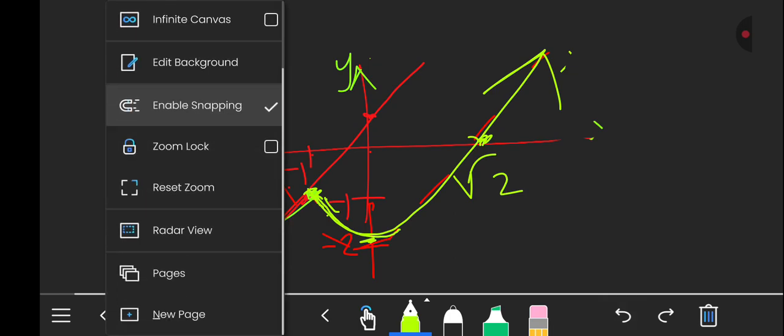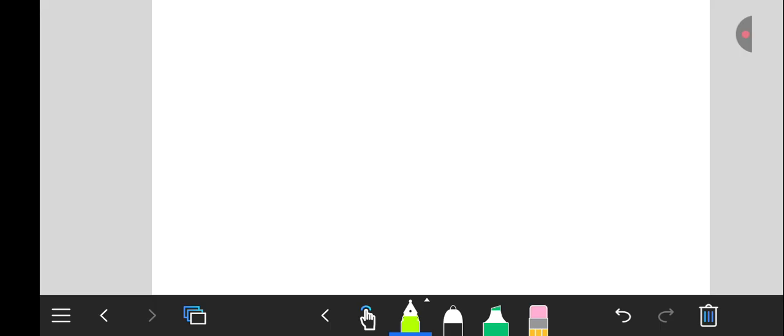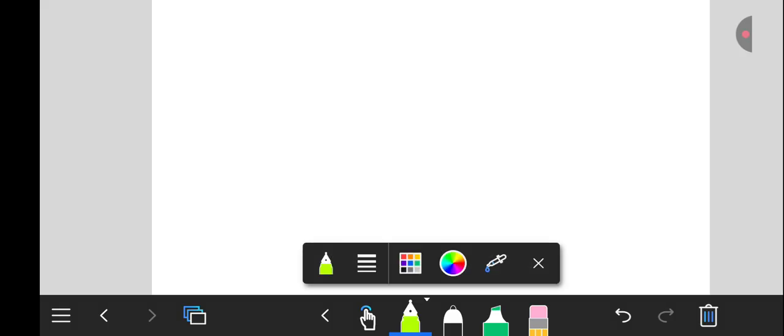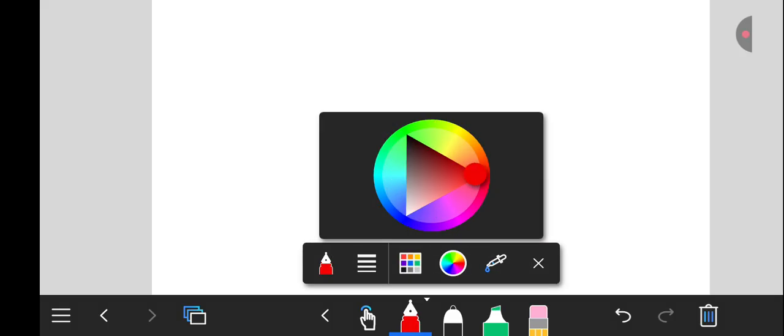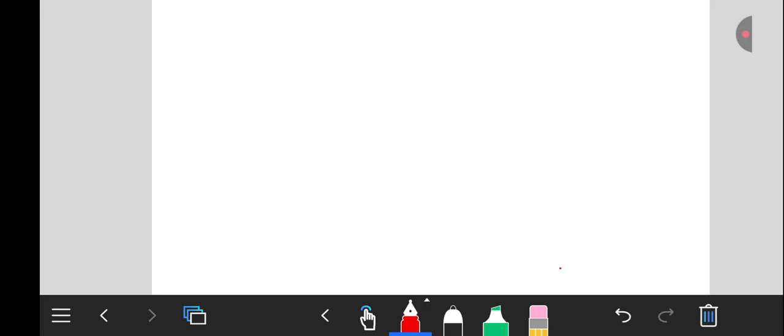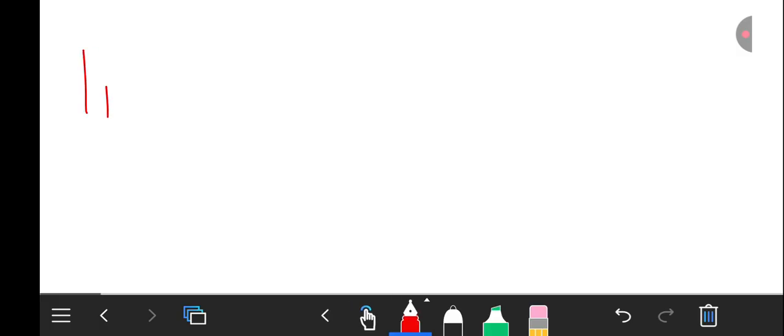So this is what we are going to do. The first thing, we're going to find the limit as x is approaching -1 from the left and from the right hand side of this f of x.